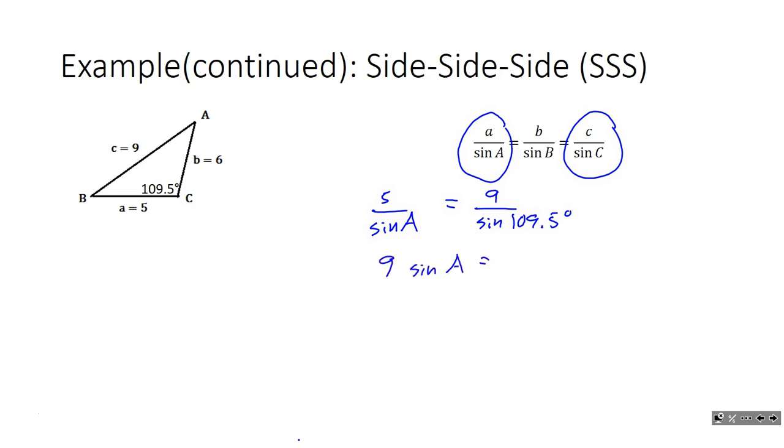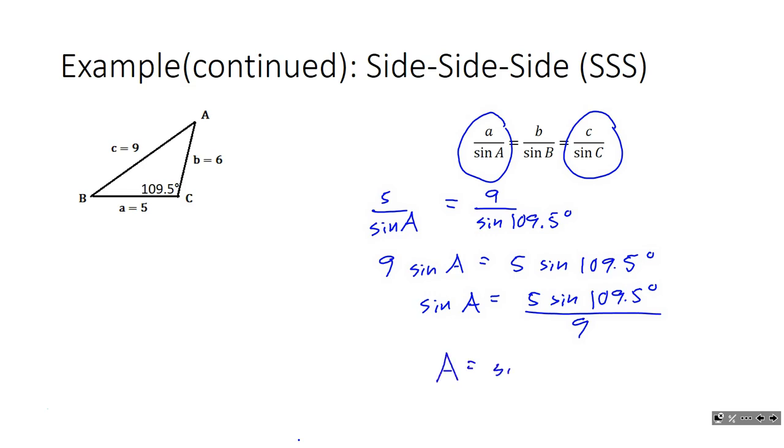9 times sine of A equals 5 times the sine of 109.5 degrees. Divide by 9. And you have this. And now we have sine of A, we just want A, so we have to apply inverse sine to the left and the right. That will give us A equals inverse sine of this whole fractional expression here.